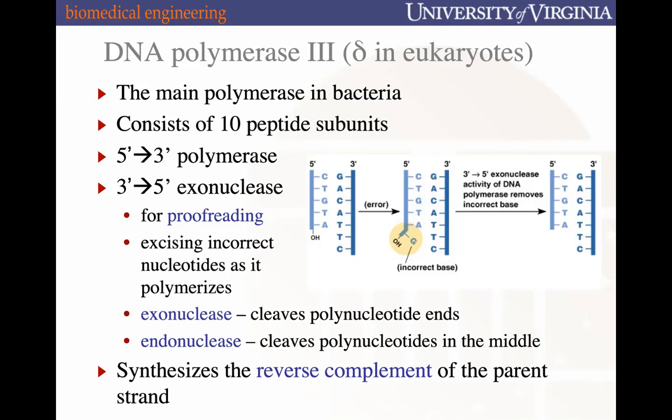What I want you to focus on is the two main roles that I've highlighted above, as a polymerase and an exonuclease. It can function as an endonuclease as well, but I want you to focus more on its role as an exonuclease. Does that help? Okay. Yes.